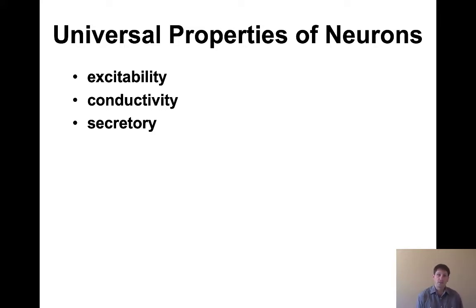At that synaptic cleft is where we see their secretory properties, where they release different types of neurotransmitters to have some kind of effect on that postsynaptic neuron. They do that by binding to different types of receptors. Those receptors then open in response to those neurotransmitters, allowing different ions to move in or out of the cell.